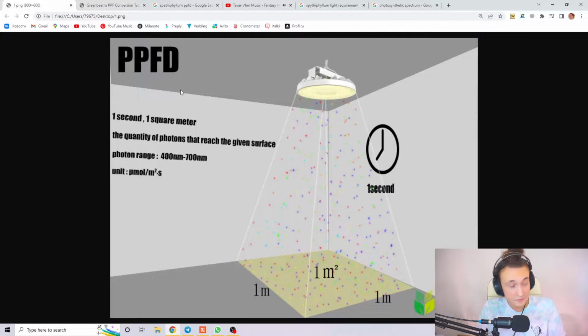And a lot of people who, for example, are cannabis growers, know that. But maybe if you're a person who knows how to grow cannabis but wants to learn how to grow something else, you will probably face this difficulty of finding PPFD values for household plants.